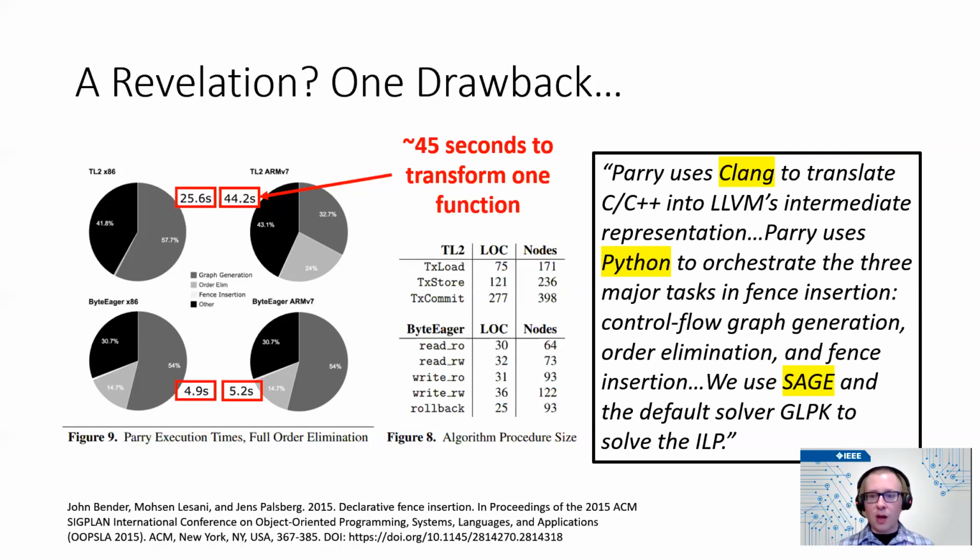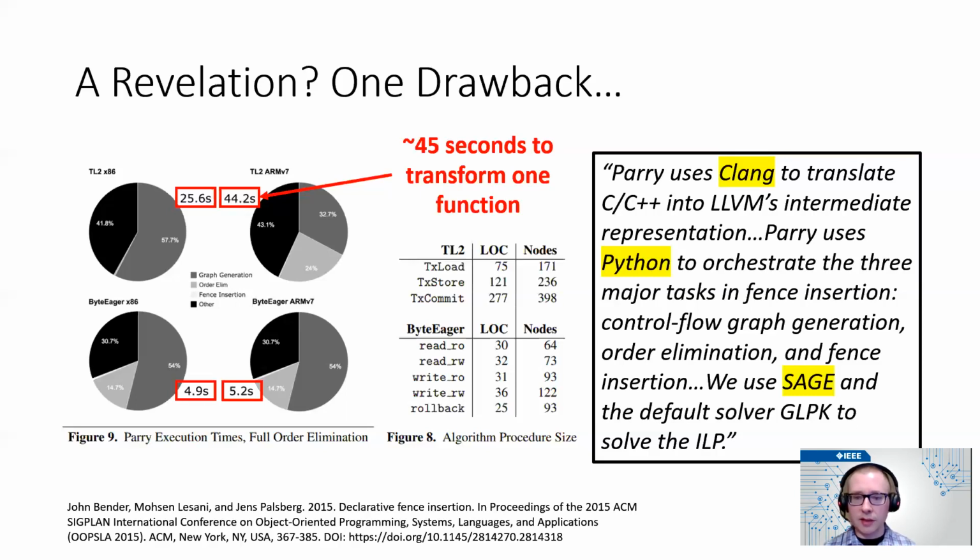And all of the graph algorithms are implemented in pure Python, which then produces another text file containing the parameters for the minimum multi-cut, which is then imported into the SAGE mathematical framework, an open source alternative to Mathematica or MATLAB, which uses GLPK, the GNU Linear Programming Kit, to solve the minimum multi-cut problem. Then the output from the multi-cut is used by yet another program to transform the source code by inserting the memory fences in line.